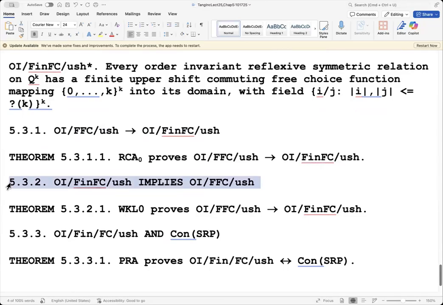So how do you go from this finite statement, why am I messing this up? This is supposed to be the other way.